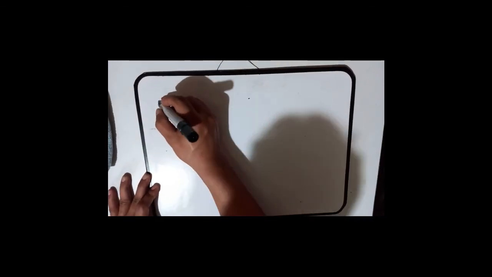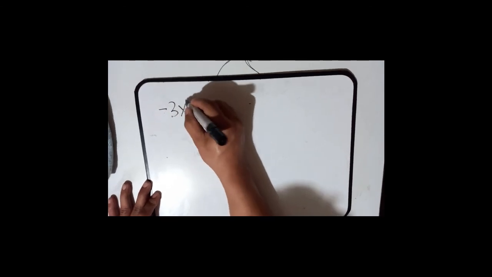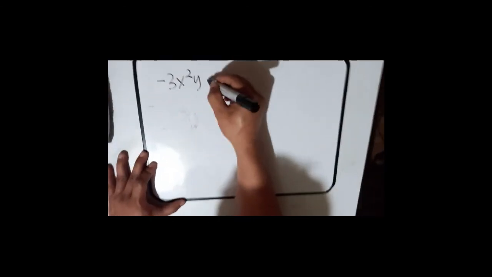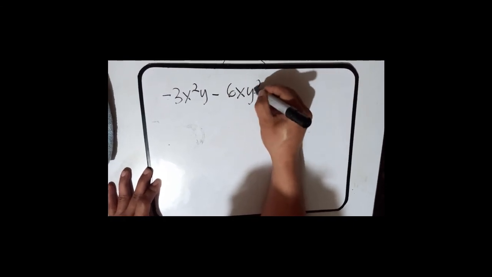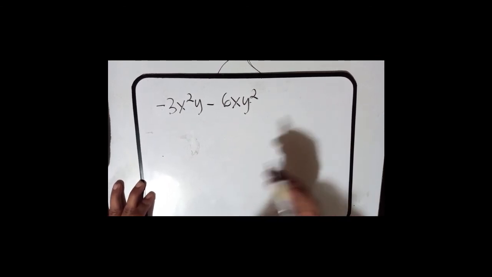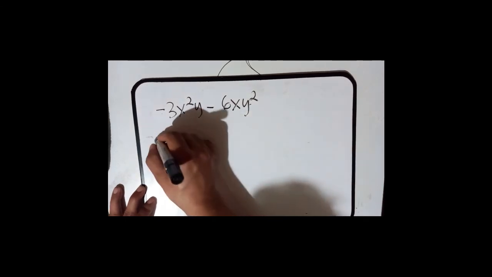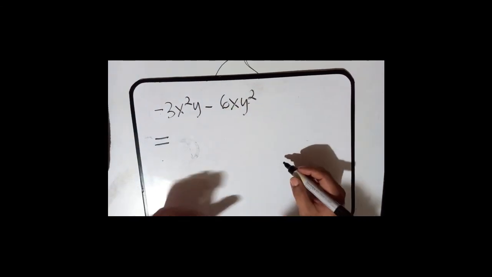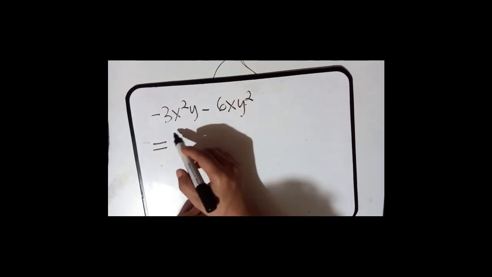Okay, let's answer another problem. So this time let's try negative 3x squared times y minus 6xy squared. Okay, so let's solve the factor of this. Let's try getting the factor of this expression. Okay, what is the common number for each term?